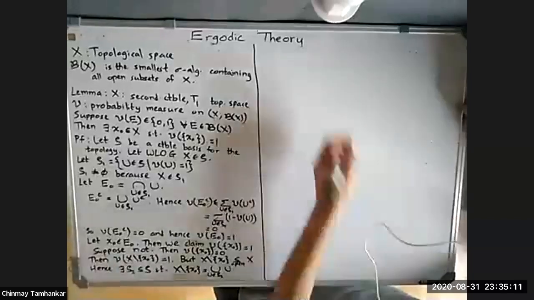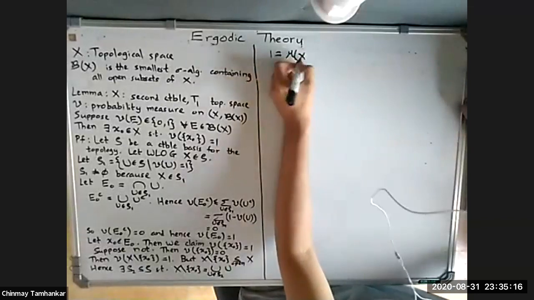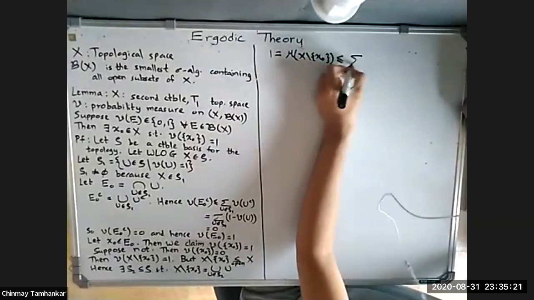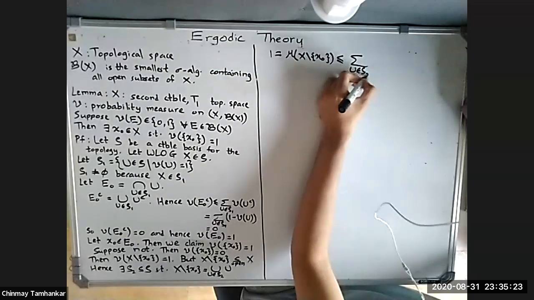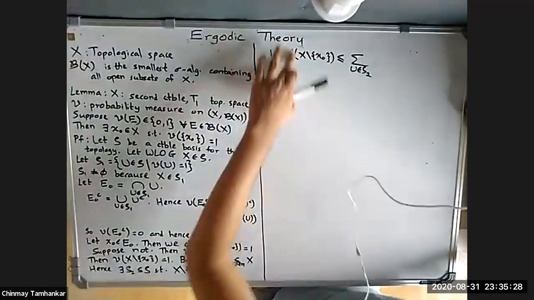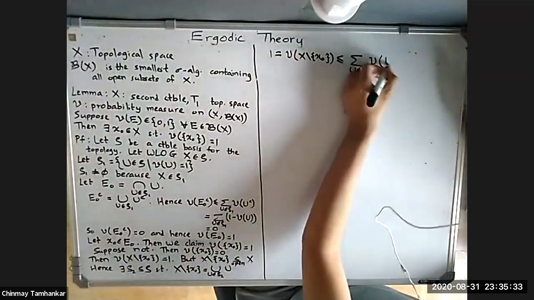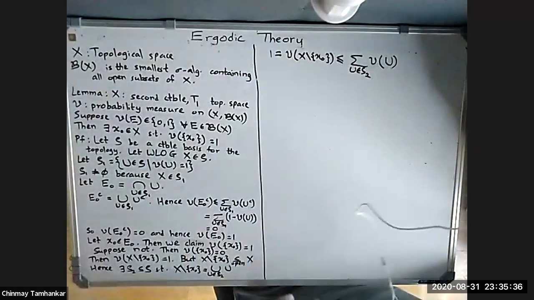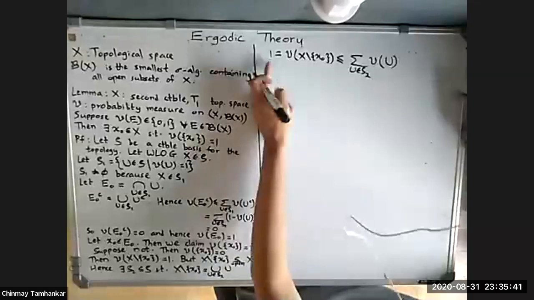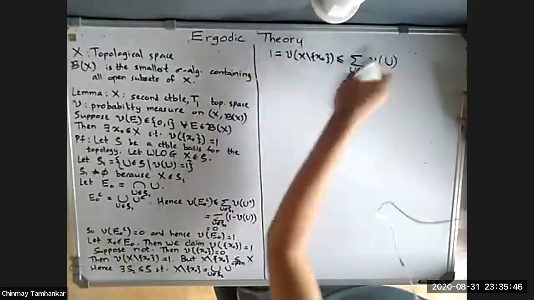Okay. So hence, since S2 is countable, we have, since one is less than or equal to this sum, hence for some u naught in S2, this thing should be non-zero.